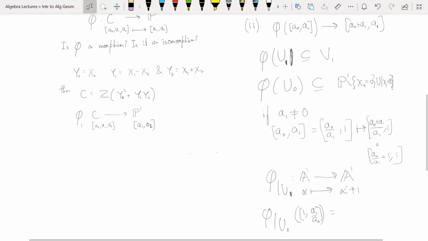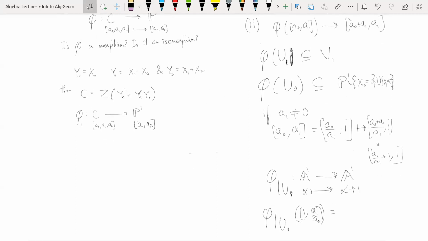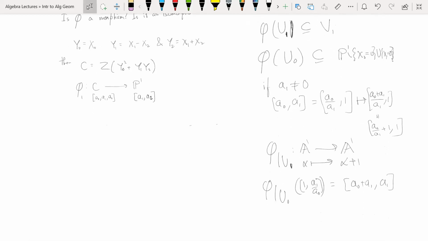So actually here it goes to a0 plus a1 over a0 comma a1/a0, but I want to think of it as an element of some open set.